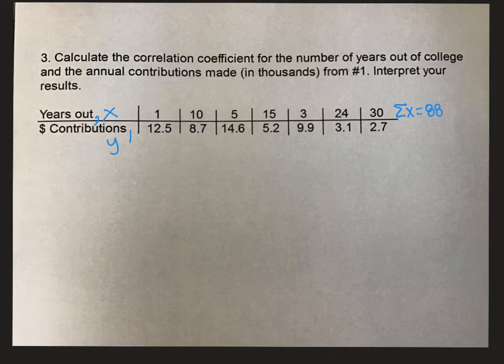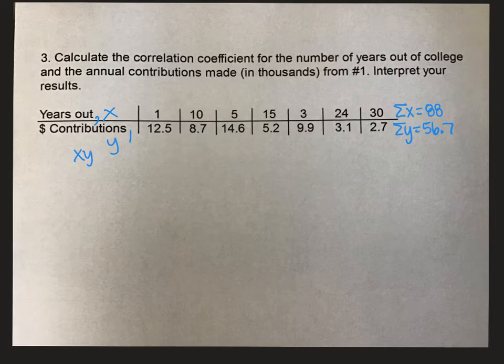I'm going to add my y's. 12.5 plus 8.7, 14.6, 5.2, 9.9, 3.1, and 2.7 gives me a sum of my y's of 56.7.